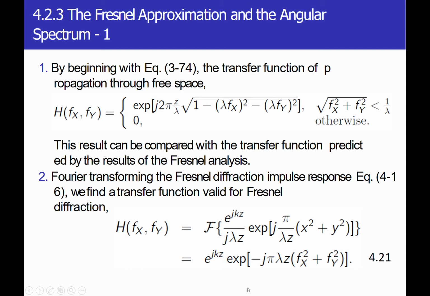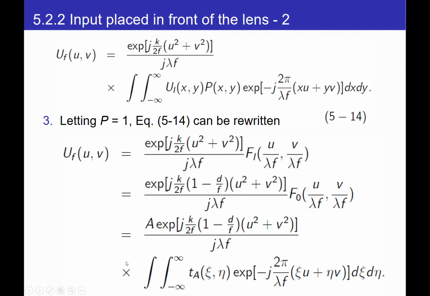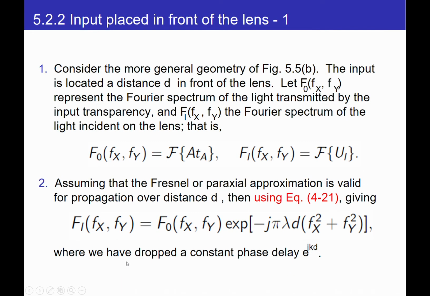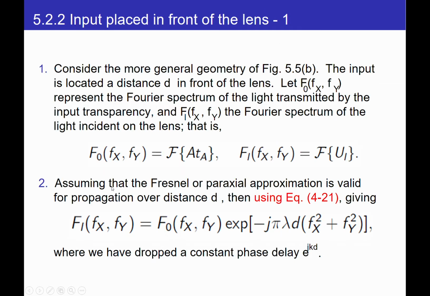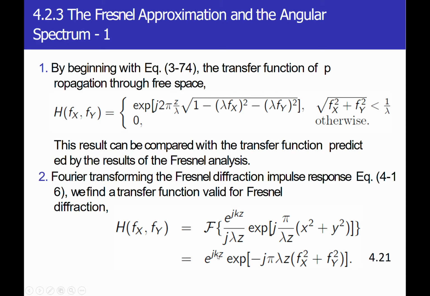So in the previous case, we have propagation of the light through this input over the distance d. So we have to put the d over here and d over there.